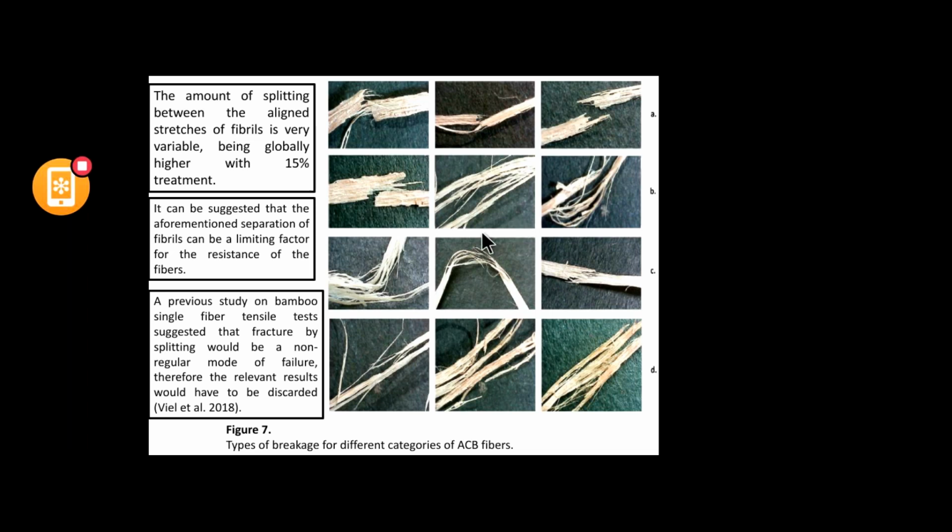Previous studies, like the bamboo single fiber tensile test, suggested that fracture by splitting would be a non-regular mode of failure, as mentioned by Bill and colleagues in 2018. This might be a factor of concern in our case because this event appears to be frequent.